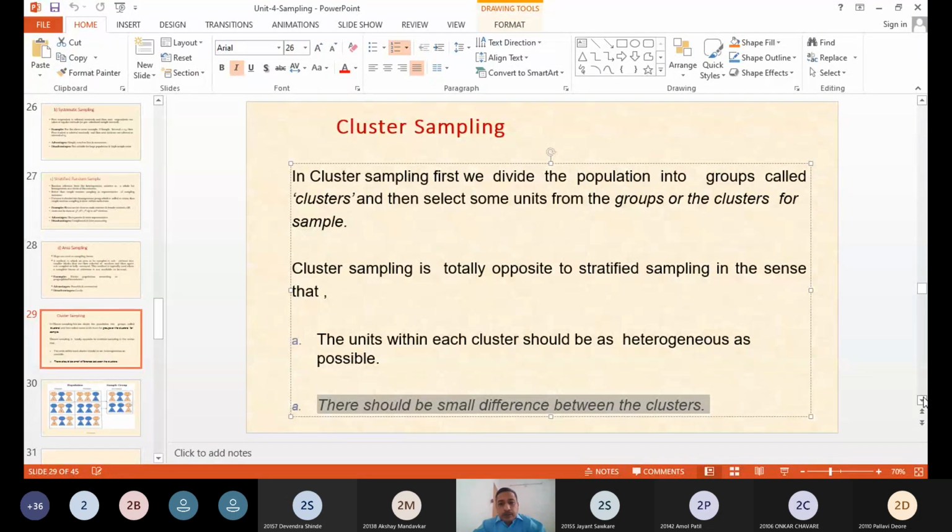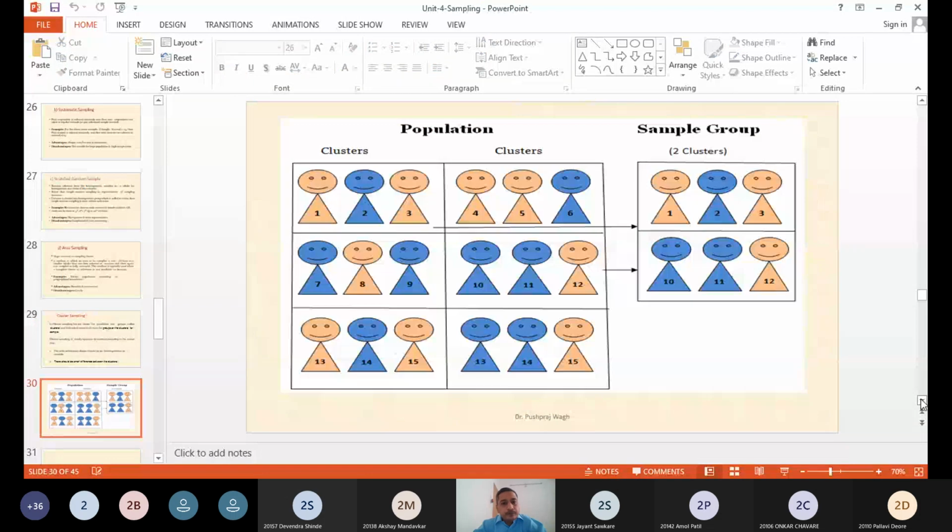We will see one diagram so that you will be more clear about this. Is this diagram visible to you all? Yes, sir. In this diagram, you can see that the population is divided into different groups. We are calling them clusters. Here we have divided this population into 6 different groups. Looking at these clusters, all of them look similar to each other.